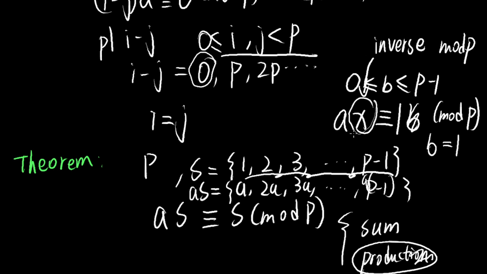What this gives us is that, for example, for any a coprime to p, we have an x such that ax is congruent to 1 mod p.